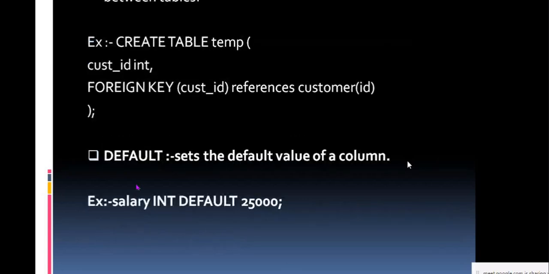Fourth one is foreign key. It prevents actions that will destroy links between tables. For example, here we have taken a table, create table temp, and there is also a second table, customer. Here customer ID int is the column for temp, and we use foreign key customer ID references customer, in brackets ID.